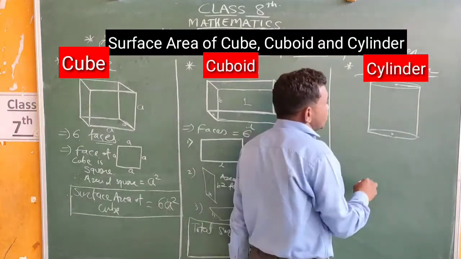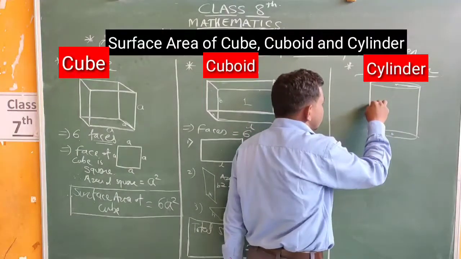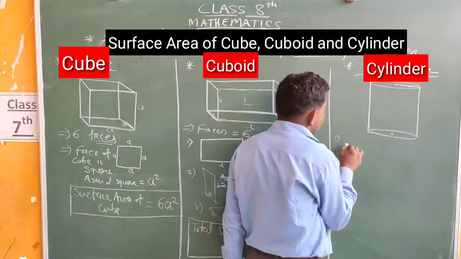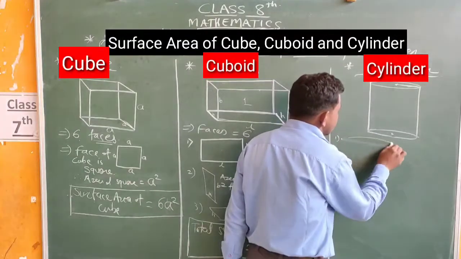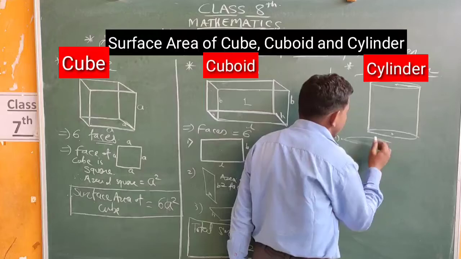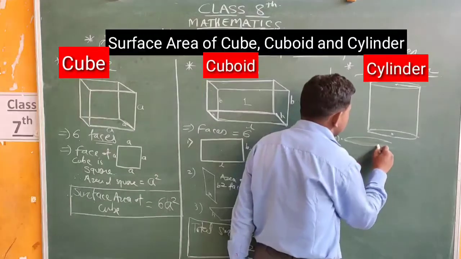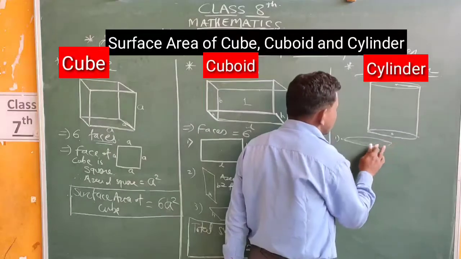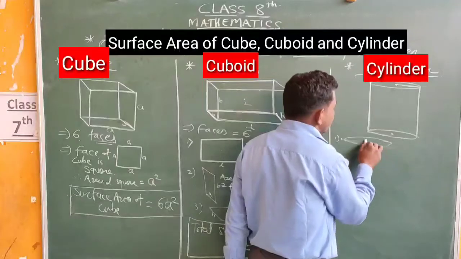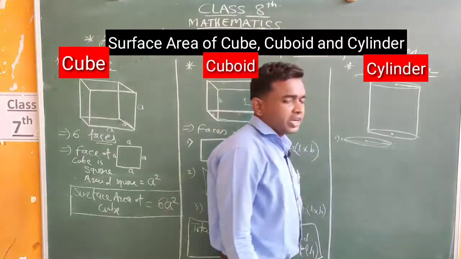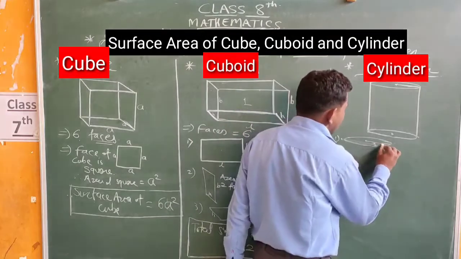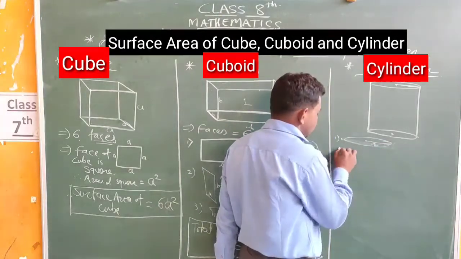So the cylinder consists of, number one, a circle. This is a circular form, and there are two circles. To find the area of these circles, they must have a radius. And number one, the area of a circle.